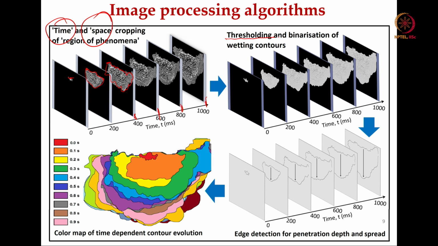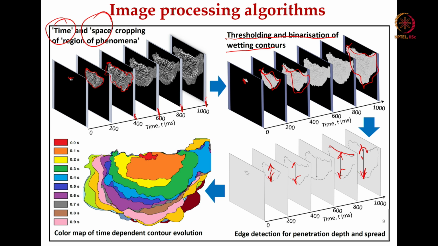Now, when you threshold and binarize these wetting contours, then you can see at 200, 400 to 1000 milliseconds how this wetting contour spreads. Edge detection was conducted. So edge detection allowed you to find out what the penetration depth is and what the spread is.